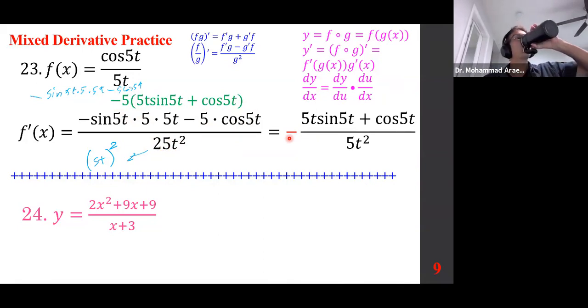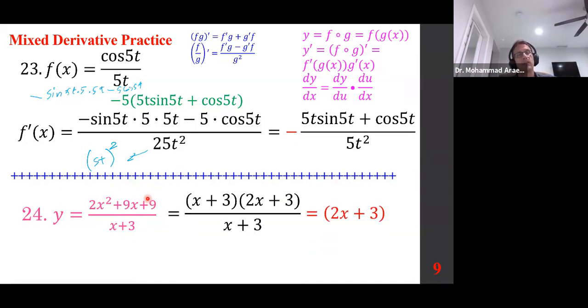Now, anytime you have a fractional expression, you want to ask yourself, can I simplify it? One thing that actually helps is that simplification means, do I have a factor of x plus 3 in the numerator? So even if you can factor the top but it doesn't have a factor of x plus 3, it doesn't have. So look for a factor of x plus 3. It happened to have it.